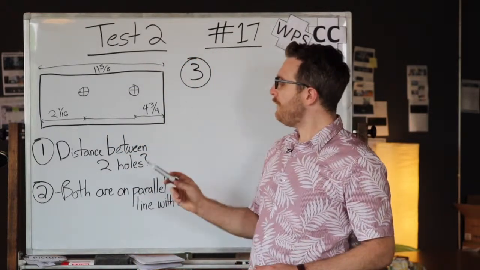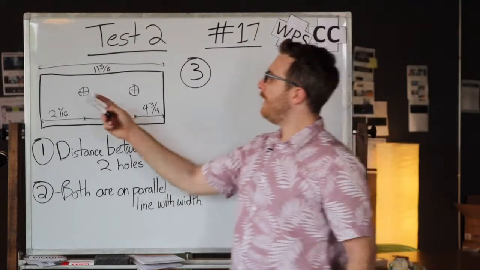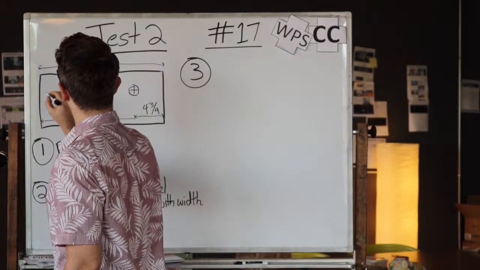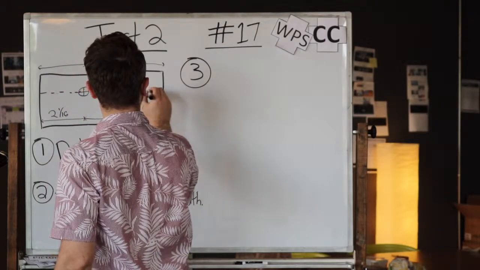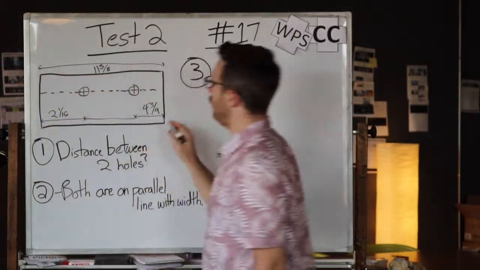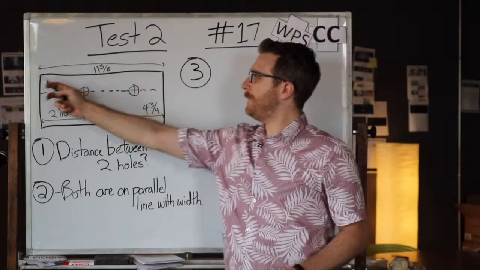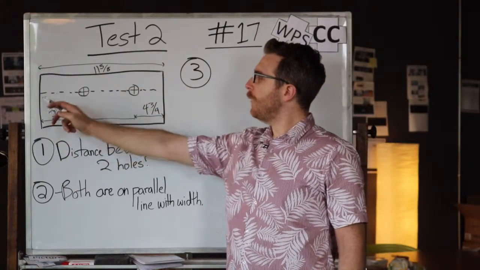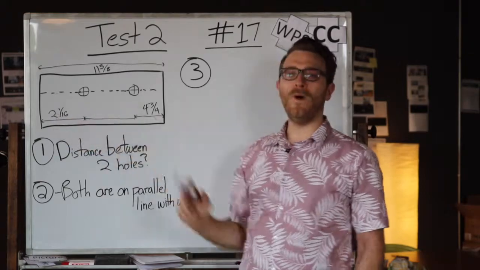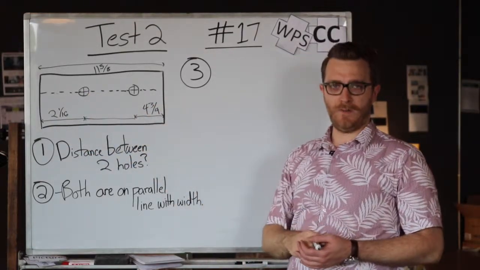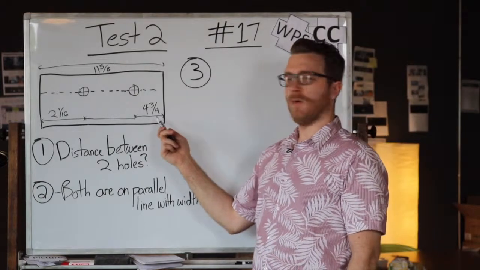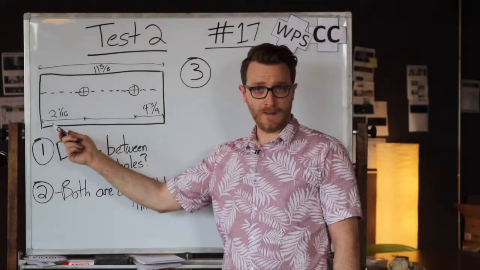So, what they've given us is that they exist on a line that is parallel to the edges of the piece. Also, one hole is 2 1/16 units from the edge. The other one is 4 3/4 units. Isn't that funny that 4 3/4 in my drawing is smaller than 2 1/16?